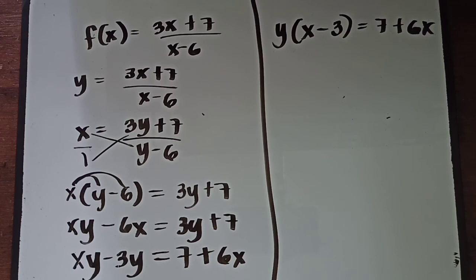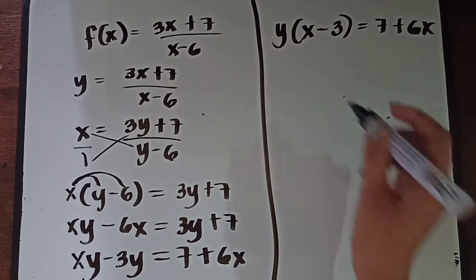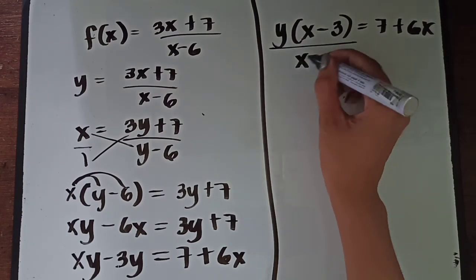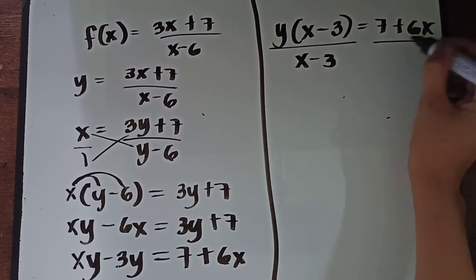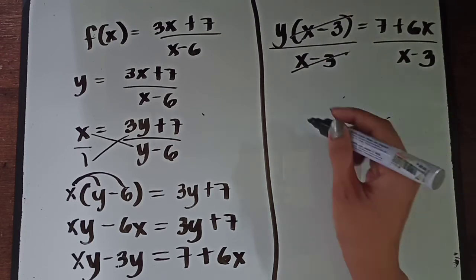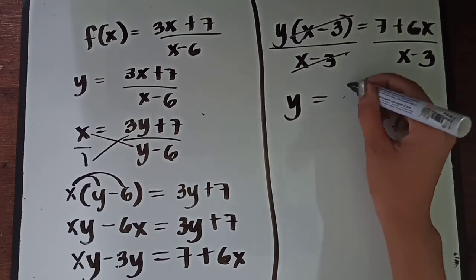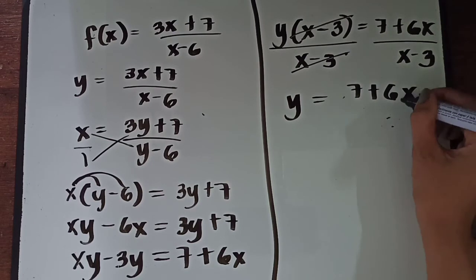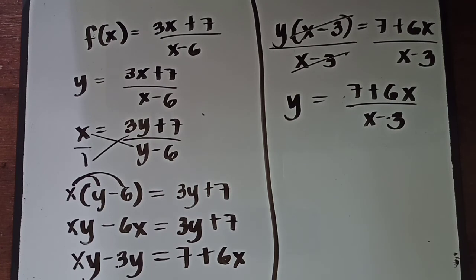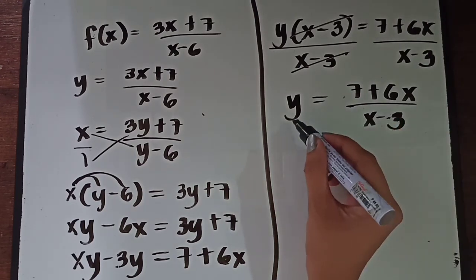Okay, so next. Y lang ang kailangan ko. Walang ibang kasama dapat si y. And we need to eliminate this x minus 3. So, divide both sides by x minus 3 and cancel. And now y is equal to 7 plus 6x over x minus 3. Again, kapag nasa ganitong form na siya, na y in terms of x, pwede na nating palitan ulit si y.